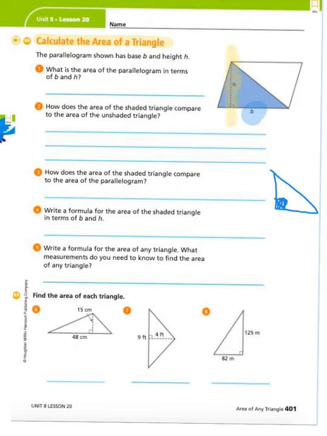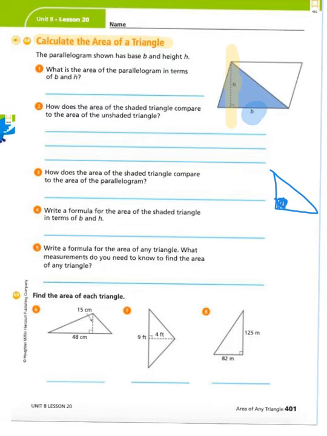It's kind of hard, that's a wide pen. So it says, what is the area of a parallelogram in terms of base and height? So what they're looking for there is, what is the formula? Write down what you think, pause the video, and come back to see if you can figure it out.